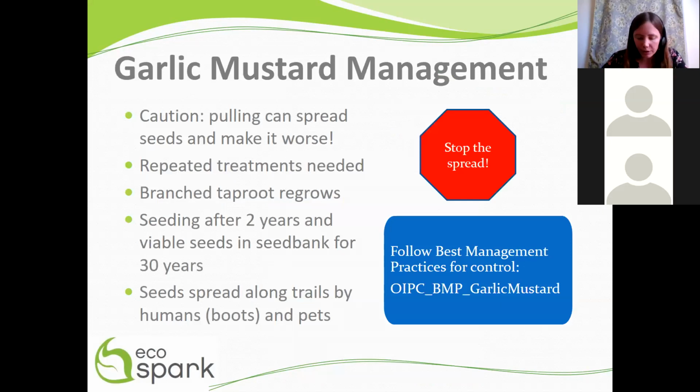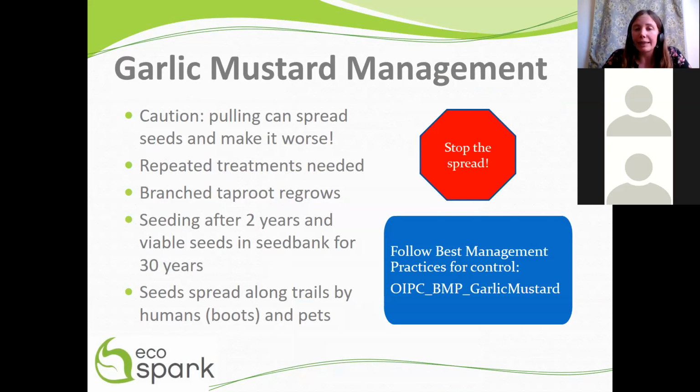So what can you do if you came to this webinar and you're frustrated about garlic mustard and you want to really get hands-on and deal with it on your own property? There are resources for you. I would refer you to the best management practices from the Ontario Invasive Plants Council. For one thing, pulling it can spread seeds and make the infestation worse, especially as you have disruption to the soil.